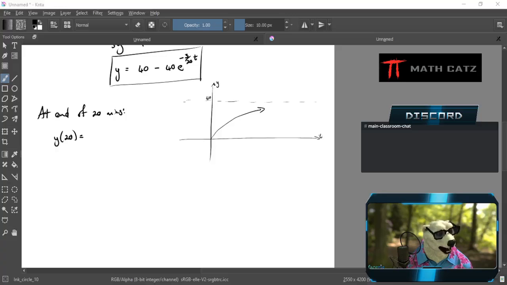Let's get that done. I'll just use the MathBot calculator in Discord. So 40 minus 40 times e to the power of, I'll put that in brackets, negative 3 divided by 20 times 20. Oops, my brackets did not go well. Let me just fix that one second here, like so.